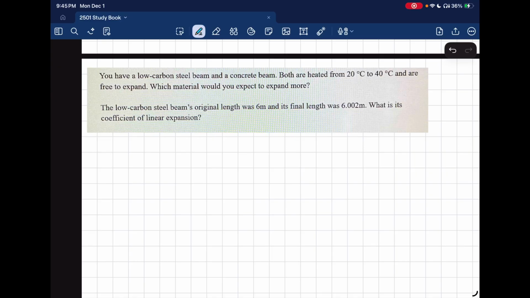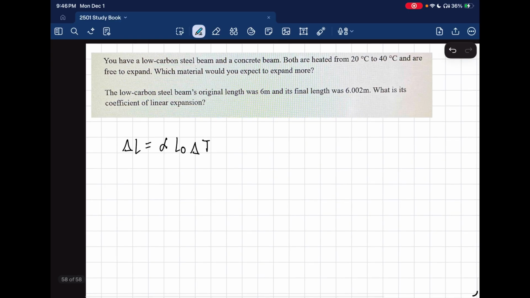Thus, the steel beam should be the one to expand more. And then we are asked to calculate the coefficient of linear expansion in a steel beam if it is stretched from 6 meters to 6.002 meters. So the equation we're going to be using is delta L equals alpha times L naught times the change in temperature.